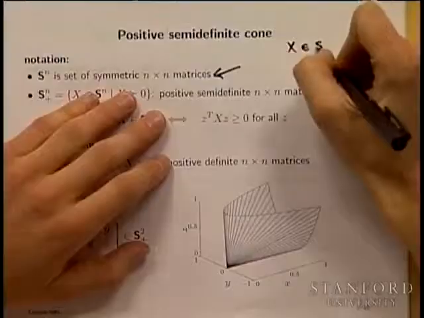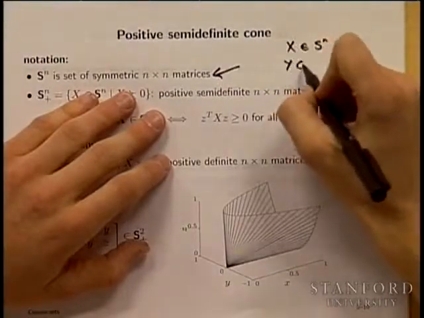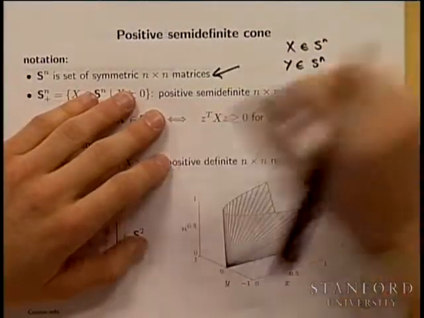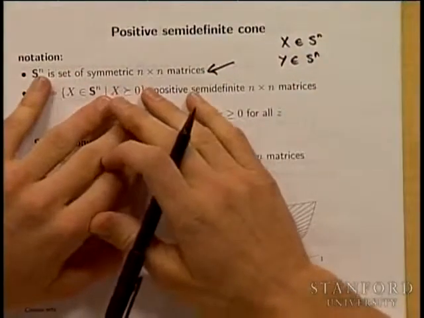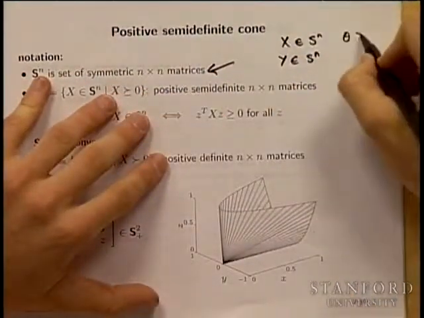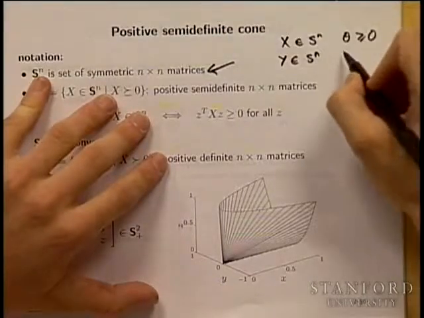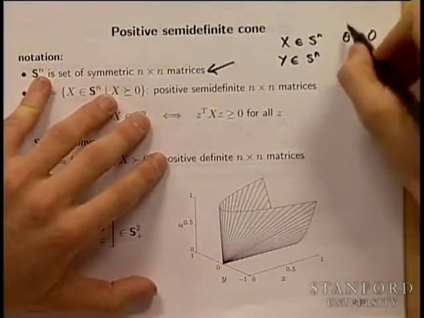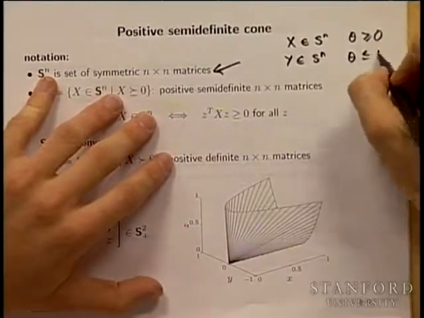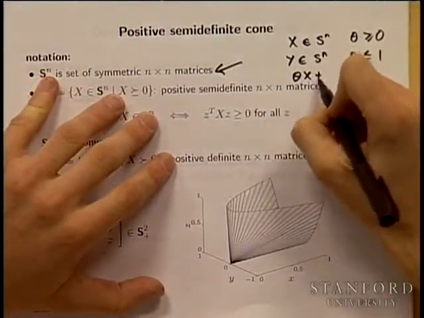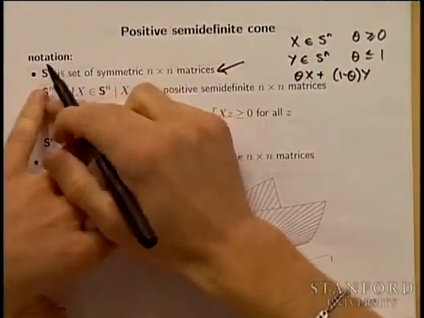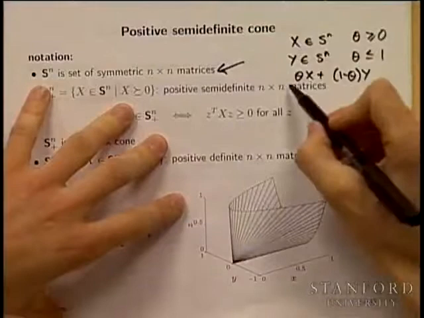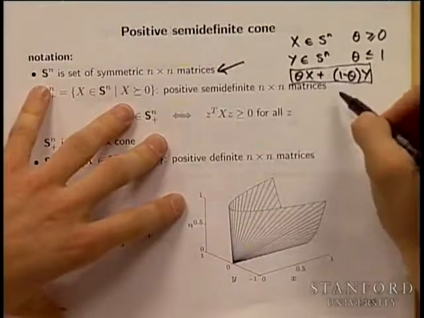Okay, let's use the definition. So we'll pick an X, which is a symmetric matrix. We'll pick a Y, which is also a symmetric matrix. Now, our requirement for something to be convex: if we take a theta which is greater than or equal to 0, and also less than or equal to 1, and we take theta x plus 1 minus theta y, this set of symmetric matrices is convex if each of these things here is also in the set.